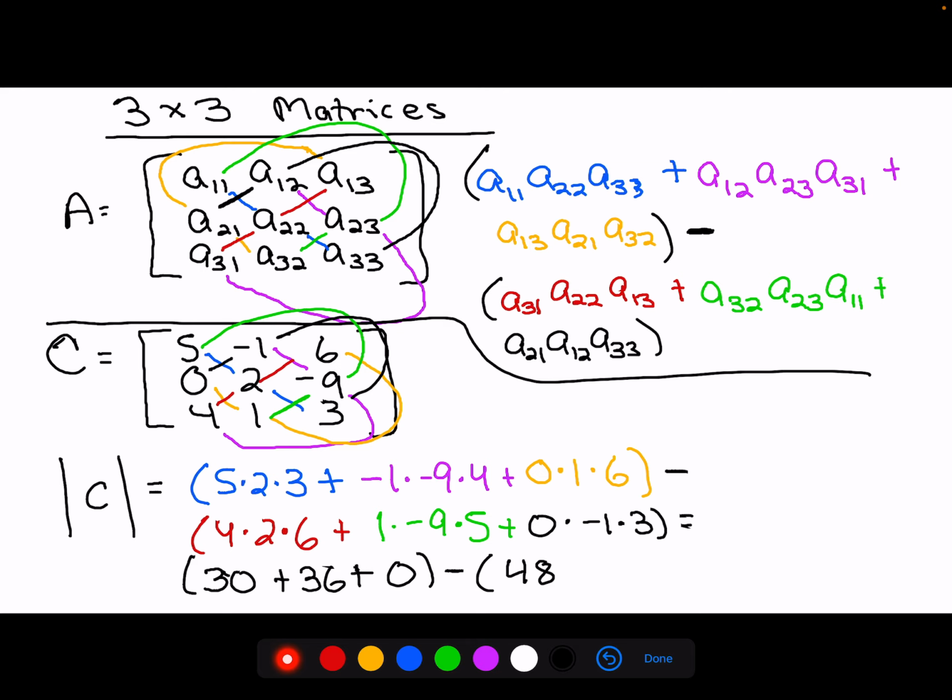Then I got -9 times 5 is -45, and then another 0. So I've got, what, 66 minus 3. And that gives me 63. So there's your determinant for that 3 by 3 matrix.